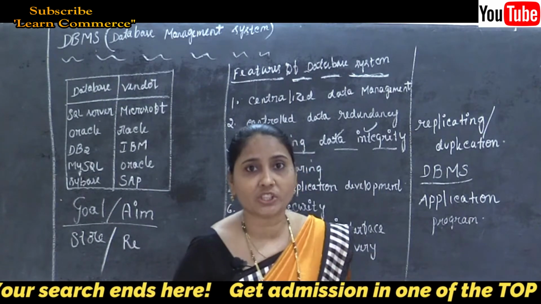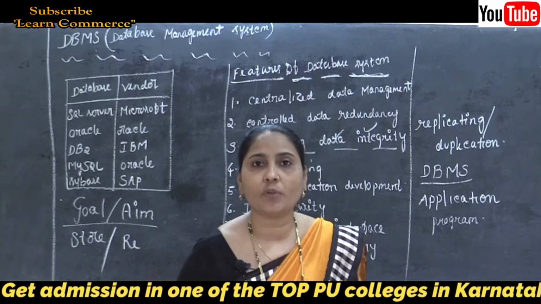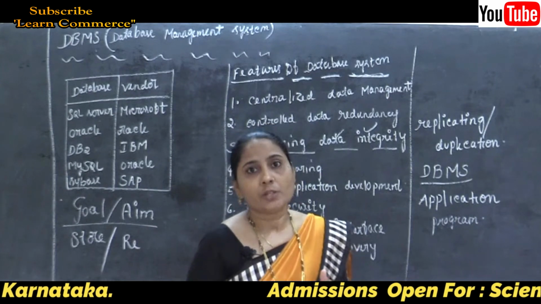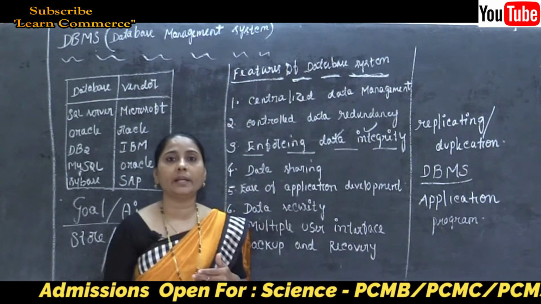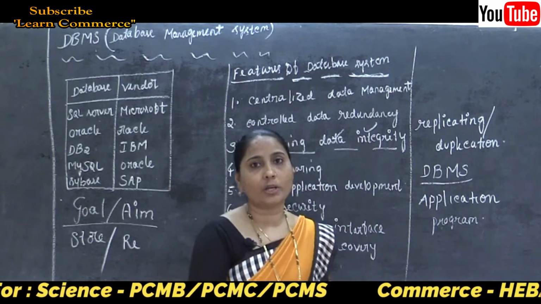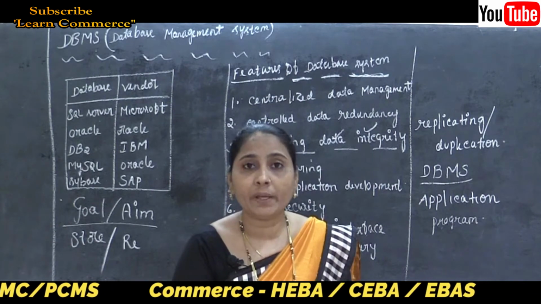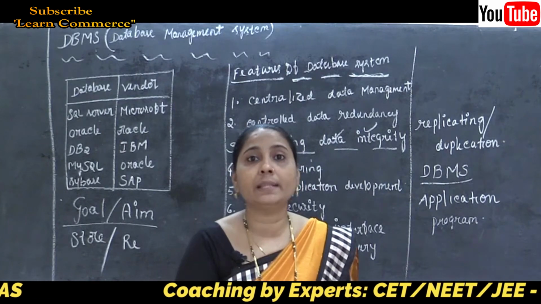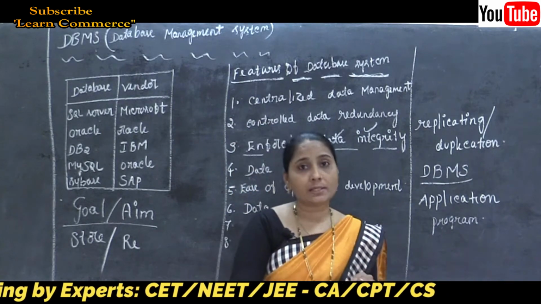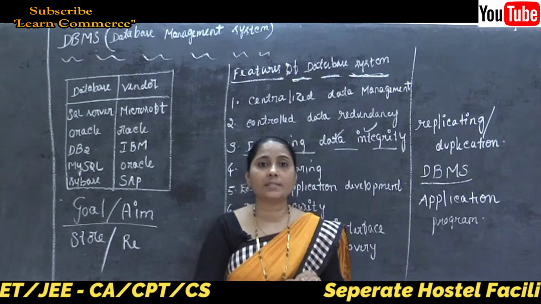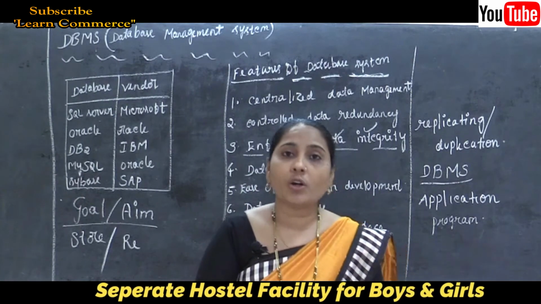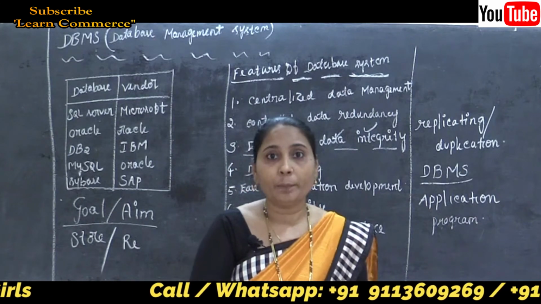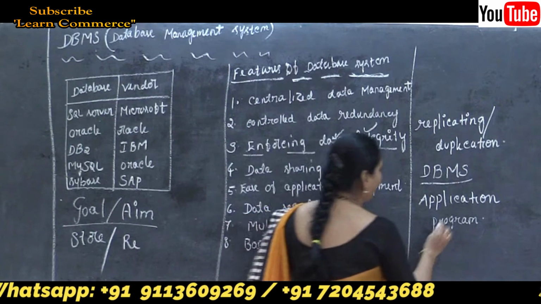The new application is developed, and it is also the responsibility of the RDBMS to provide some other features, like concurrent access. Concurrent access means accessing the data of the database at the same time, or security and data integrity, everything handled by our RDBMS itself.